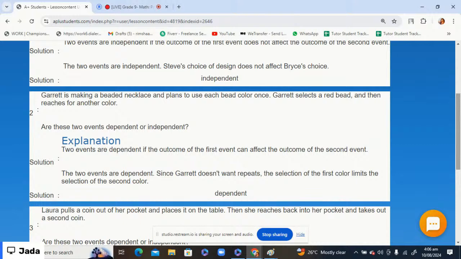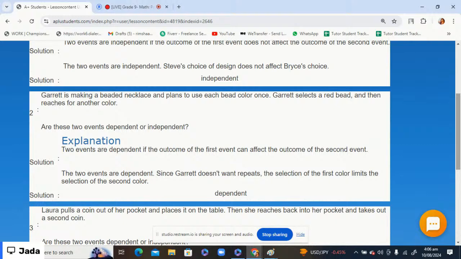First he selects the red bead and then reaches for another, which means it depends. Are these two events dependent or independent? Yes, they are dependent events because Garrett does not want to repeat. The selection of the first color limits the selection of the second color. So this is a dependent event.